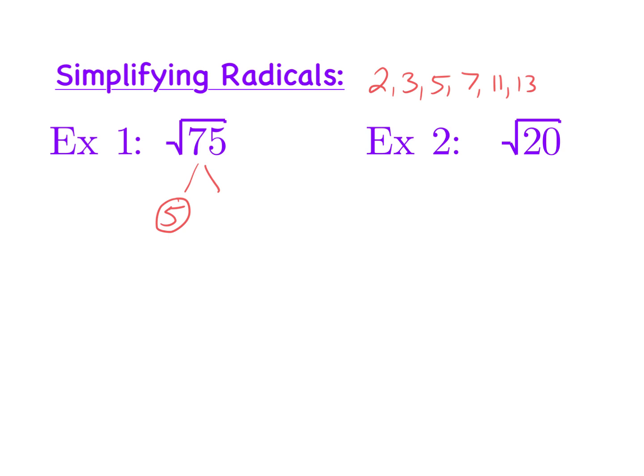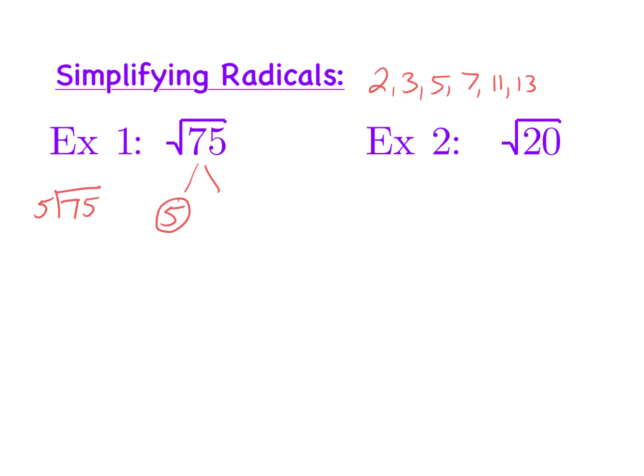Now what I need to do is 75 divided by 5 to see what the other side of that tree is going to be. You might have to do some old school dividing. You probably haven't done this in a long time. But we're going to do 75 divided by 5. Because remember, you will not have calculators for this test, so you need to remember how to do this.